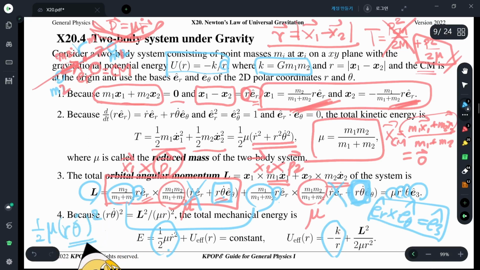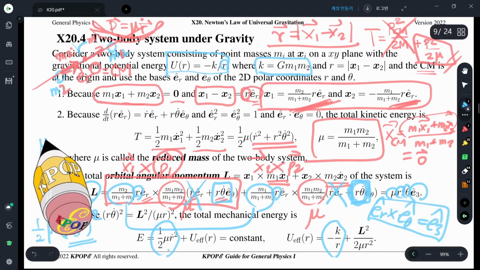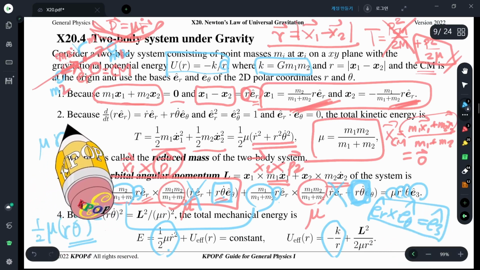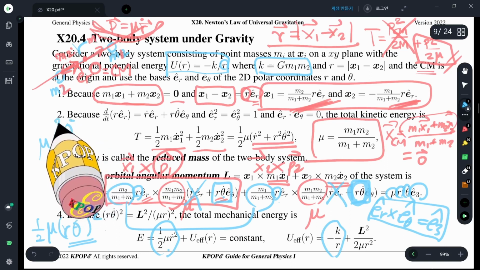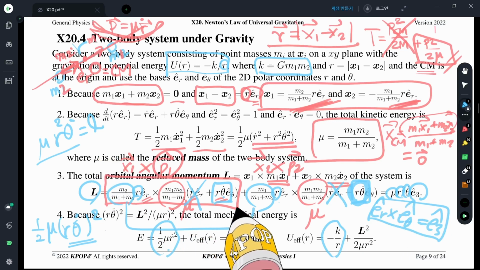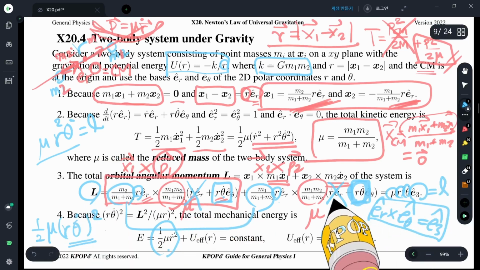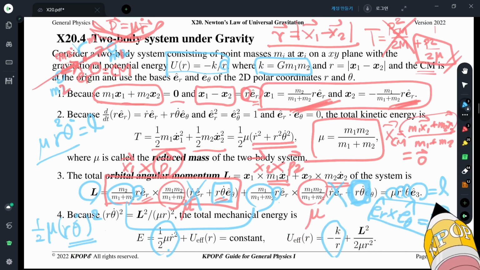This is this one. However, mu r squared theta dot is L. That is the orbital angular momentum, a constant of motion. Why? Because it is a central force.